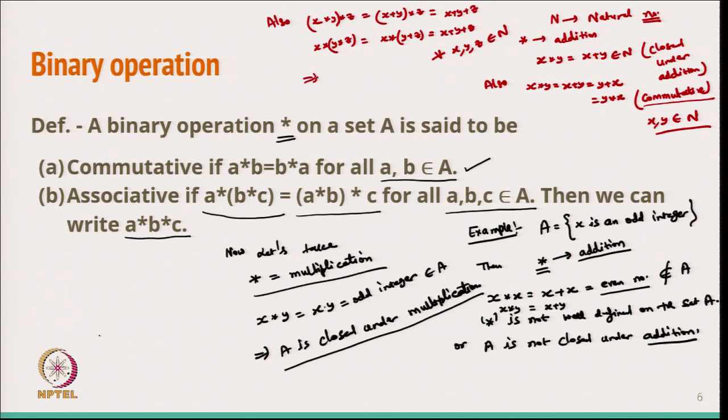So, from here I can say that it is immaterial where I put the bracket. So, this binary operation is associative.